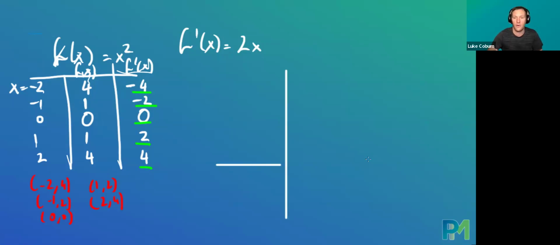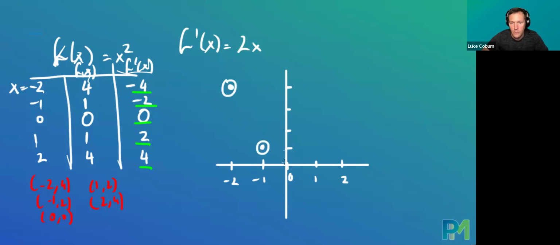So let's say this is -2, this is -1, this is 0, this is 1, this is 2, and this is now 1, 2, 3, and 4. And here we go.